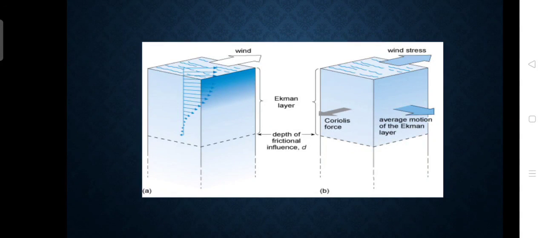So, pag nasa southern hemisphere naman siya, mag-90 degrees din siya. Tapos, ito naman sa figure B, ito naman yung Ekman layer. Kung saan, yung force ng wind dito is balanced kasi, by Coriolis force. Ayan. Kung nakikita nyo naman yung Coriolis force. So, alam naman natin kung ano yung Coriolis force, di ba?